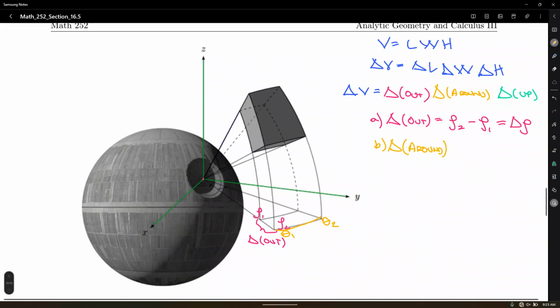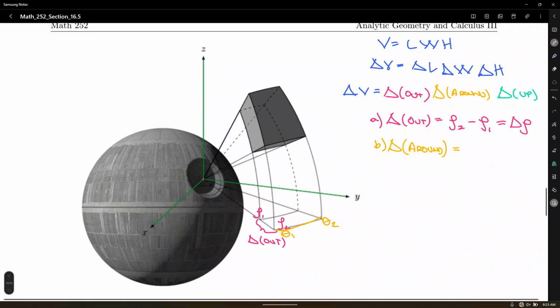There's a little bit more than this, because what are we describing when I go from theta 1 to theta 2? Isn't that a distance? Because we're multiplying the distance in length times width times the height, and the difference between two angles doesn't give me a distance. Hopefully you agree with me that this is some arc length, right? Does that look like an arc length?